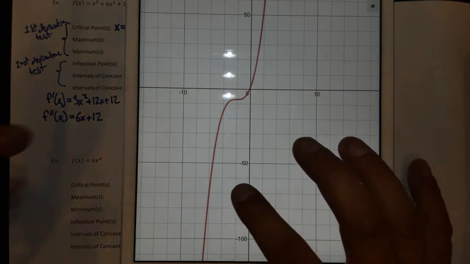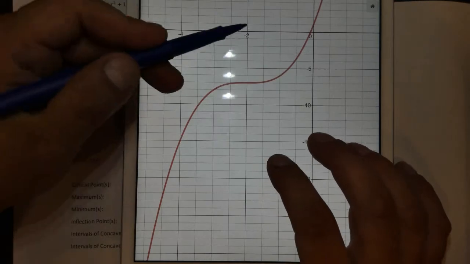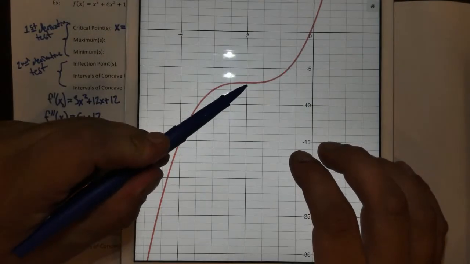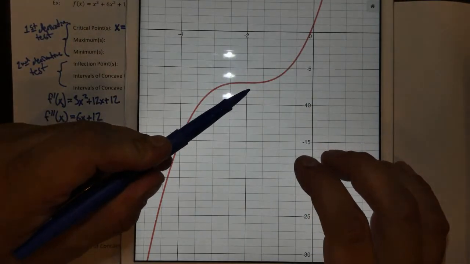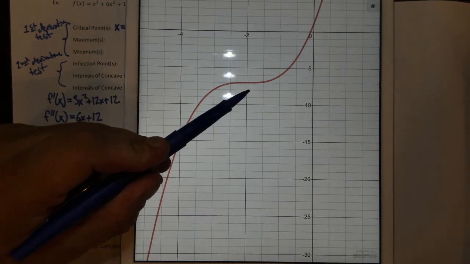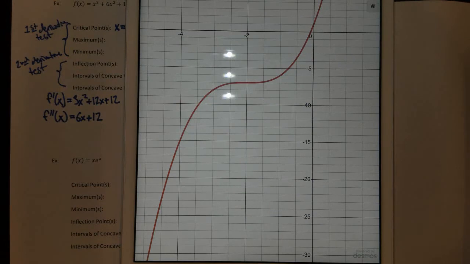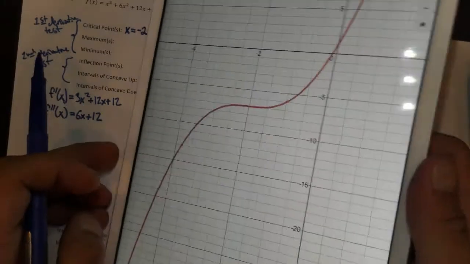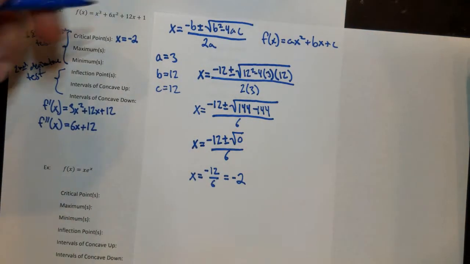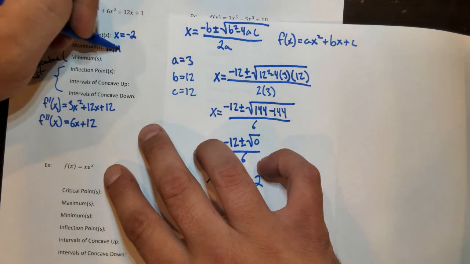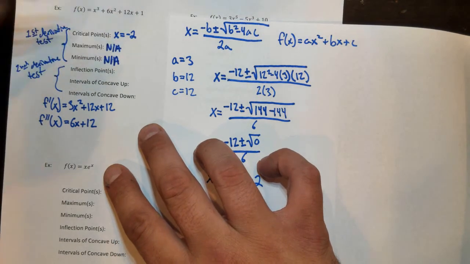So it's a cubic, and it looks like at negative 2, it is a critical point. It is where the derivative, or where the rate of change, is 0. However, it's not a max or a min, so we don't have any maximums or minimums here. So we can say non-applicable, non-applicable.